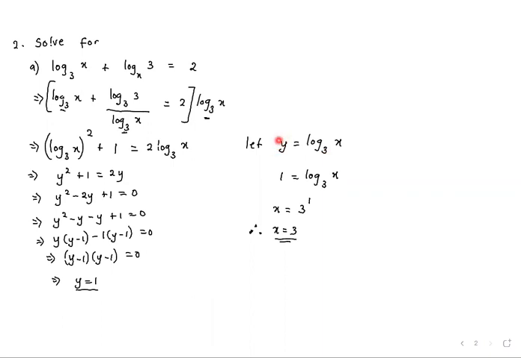Where there is y, you substitute a constant. Sometimes you can find different values, so you substitute 1 at a time. And then you raise the base to the power of this thing here, and you get the variable inside. So x is equal to 3 to the power 1, which is equal to 3.